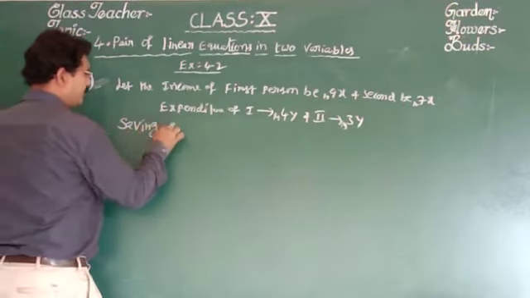Now solve. Change all the signs: minus becomes plus, plus becomes minus. So minus 12y plus 12y gets cancelled by the elimination method. 27x minus 28x, that is minus x, is equal to 6000 minus 8000, that is minus 2000.